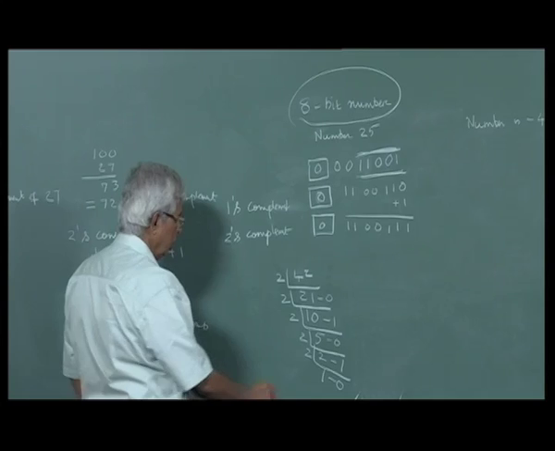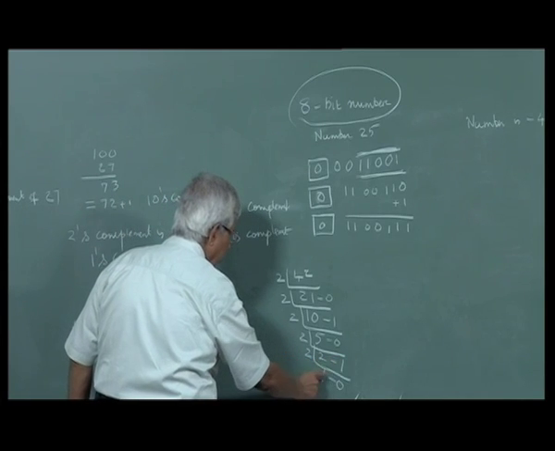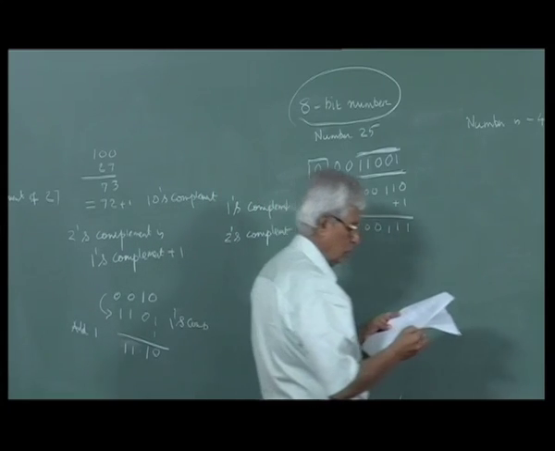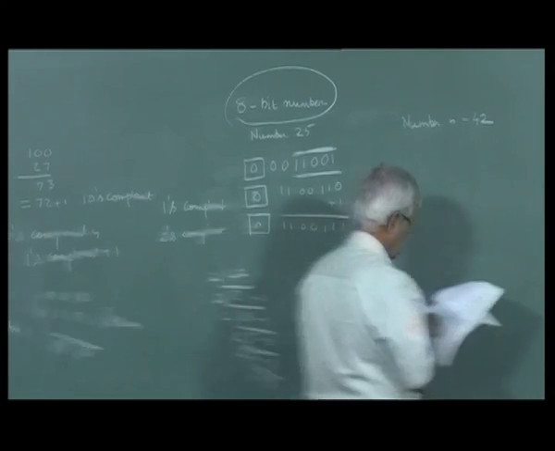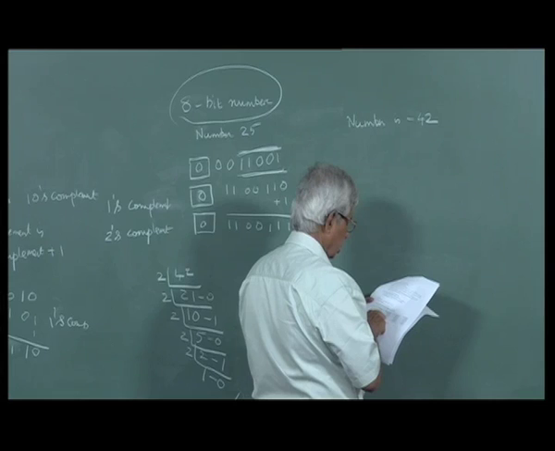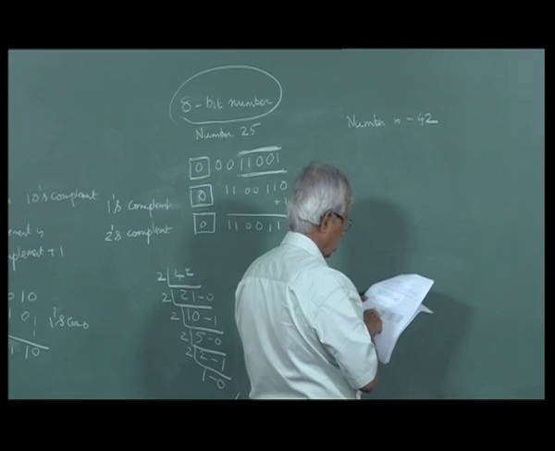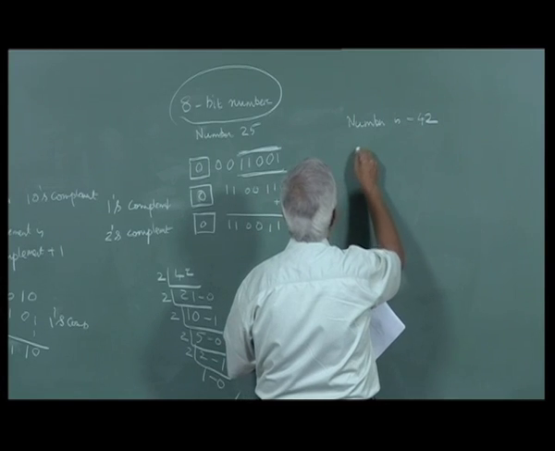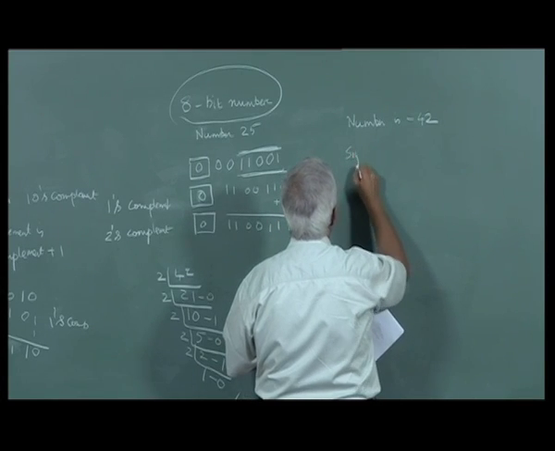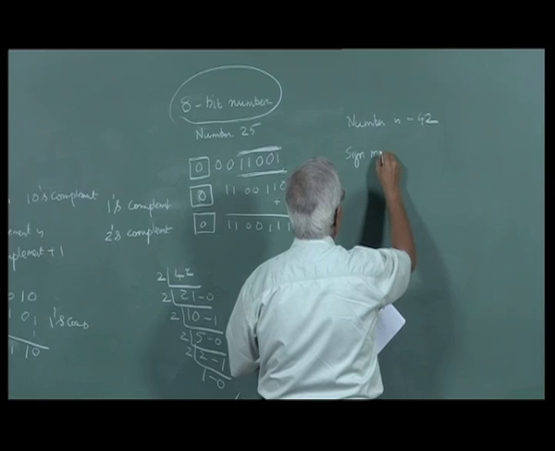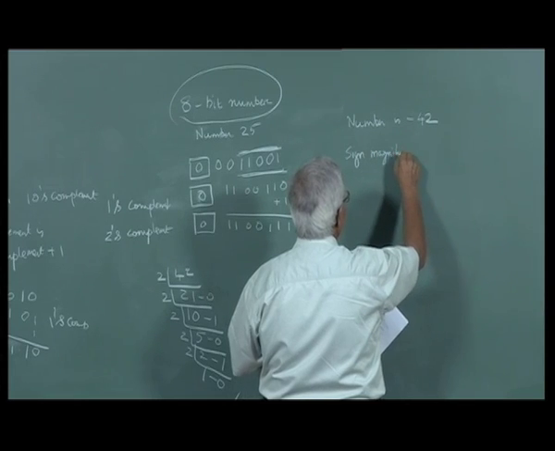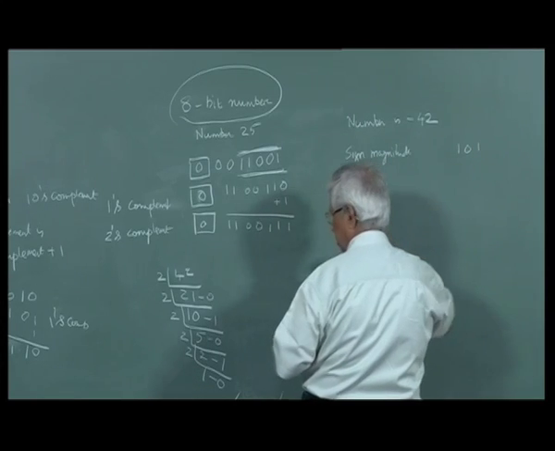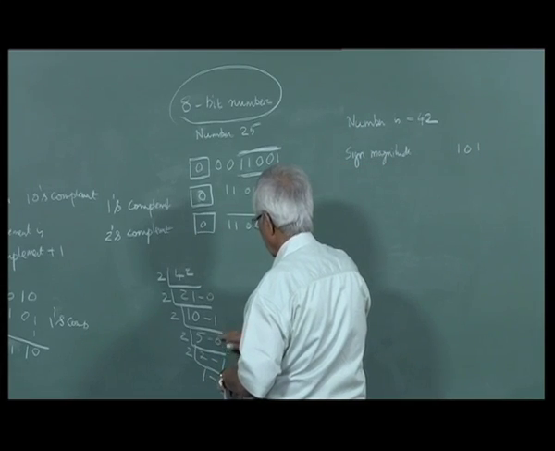This will be 1, 0, 1, 0, 1, 0. In sign magnitude, 1, 0, 1, 0, 1, 0.